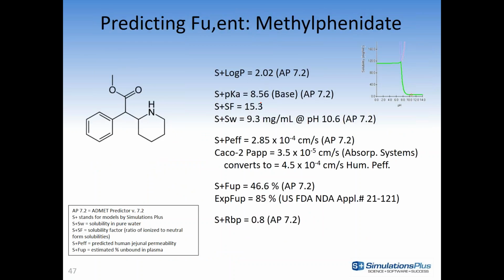And this is where we started looking into our program, MembranePlus, and the example that I will show is using another compound, methylphenidate, again with very similar properties, a fairly lipophilic, strong base, which is expected to have high permeability, but might have some lysosomal trapping affecting the rate of appearance in systemic circulation.